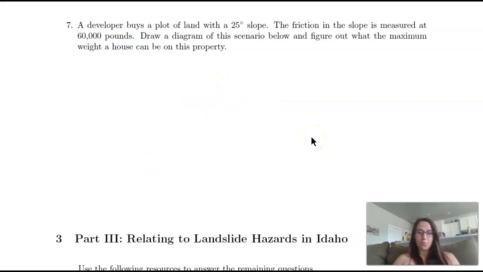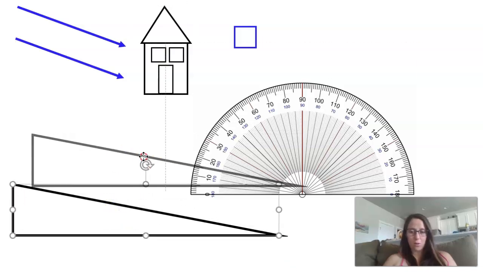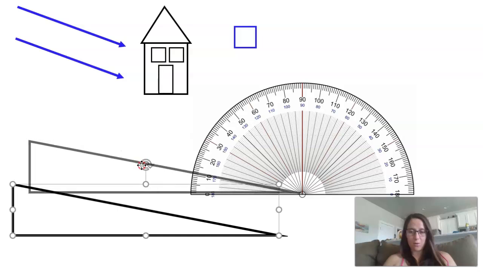Okay? So I'm going to help you a little bit with this. Alright, so what I have here is kind of a setup, so this would be what you are drawing on that space. So I have some sort of slope. I haven't measured it yet, so that's what I'm going to do with this protractor. So you place the edge of it on the middle of the protractor.